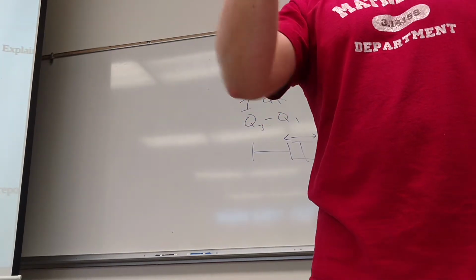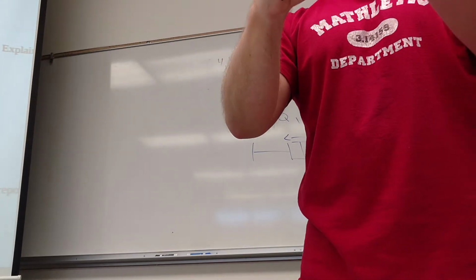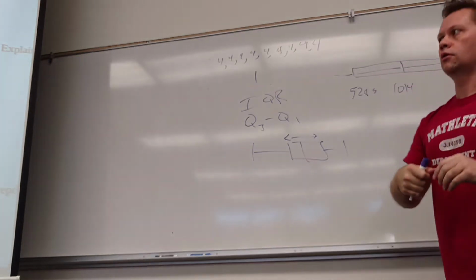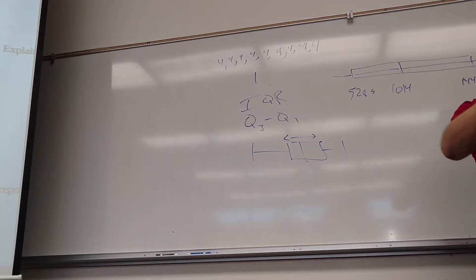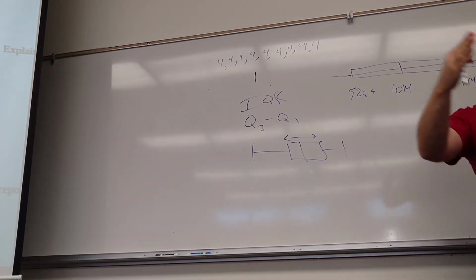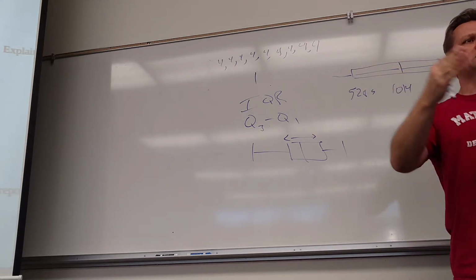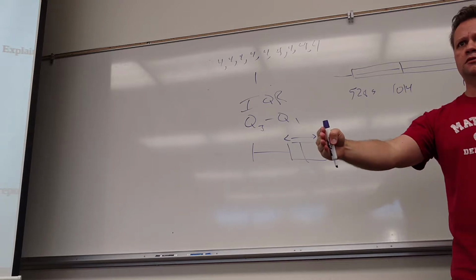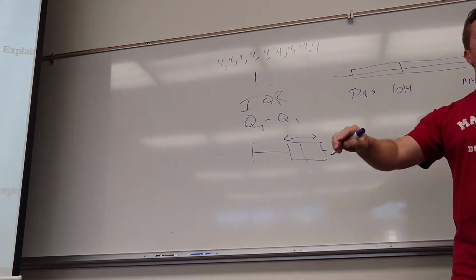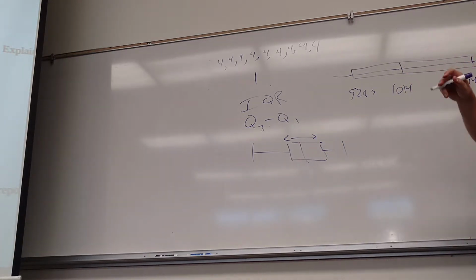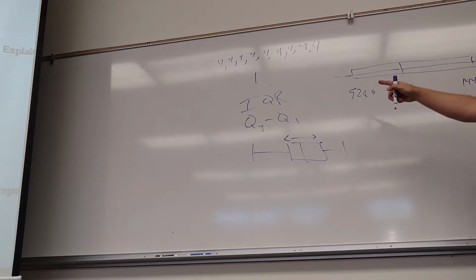So which one has 75% below it? The Q3. What's the third quarter? How far into the game am I? If I just finished the third quarter, I'm 75% of the way in, right? I've got a quarter of it left. You with me?